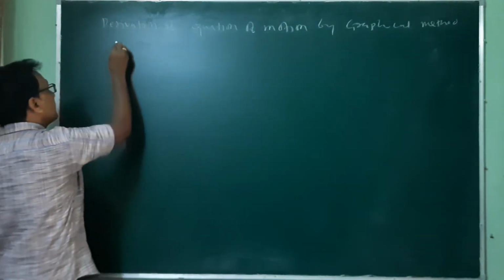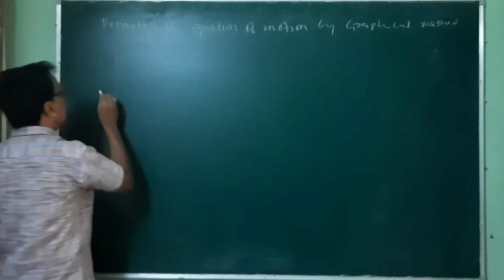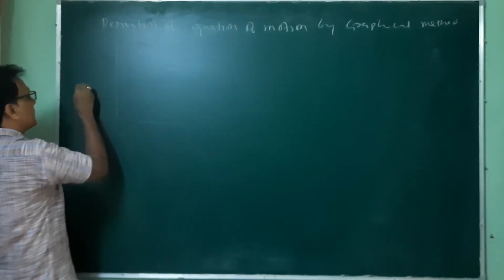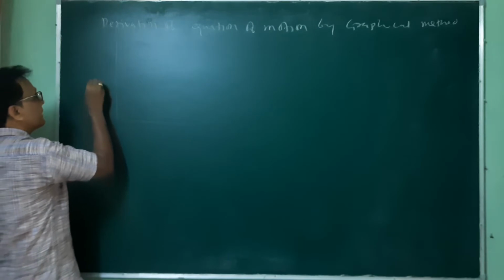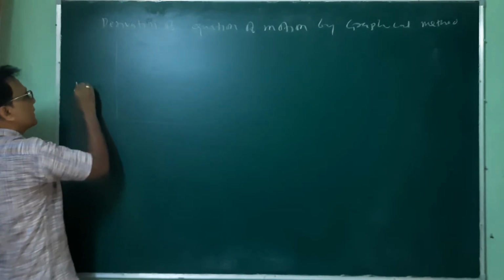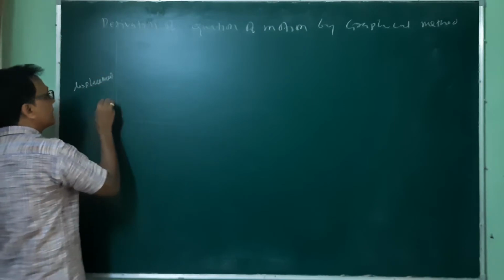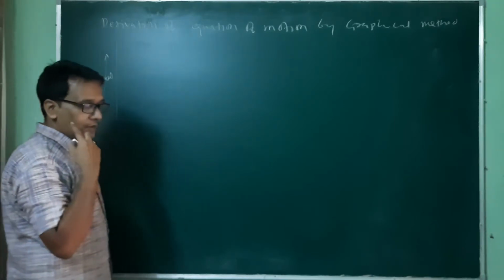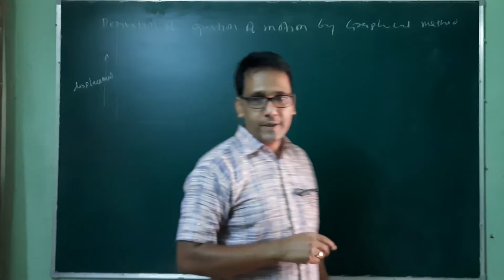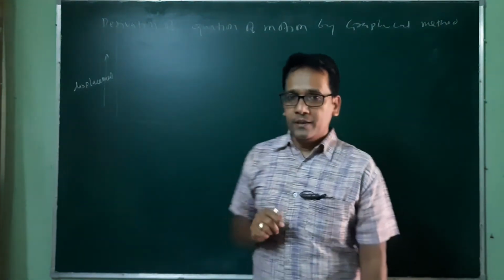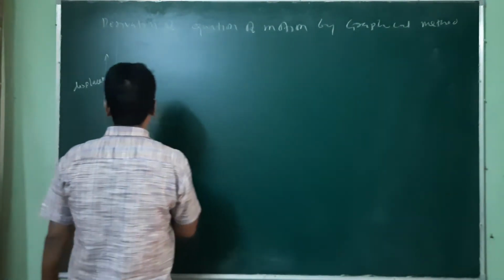So we have discussed several graphs in this particular unit. One is distance or displacement, that is displacement or distance. Since this is a one-dimensional motion, distance and displacement both will be the same. So distance and the time.